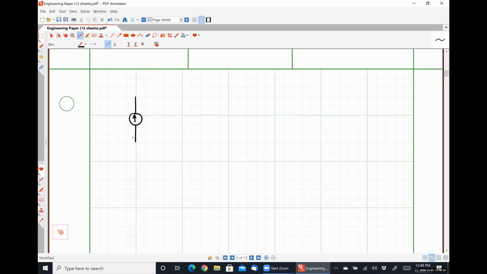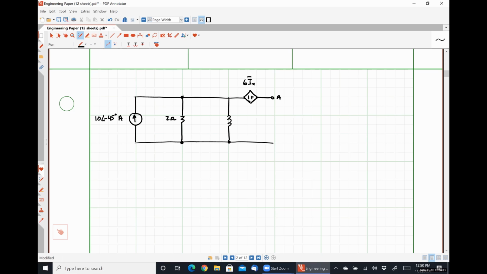We have a current of 10 angle negative 45 degrees amperes, a dependent source with 6 times the phasor current IX, this will be 2 ohms, this will be J1 ohm. Here's B.